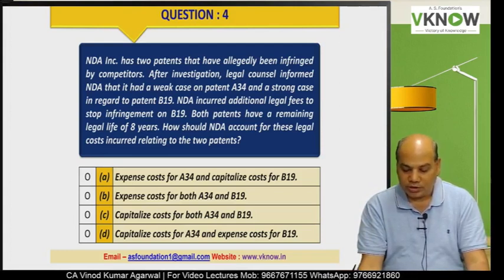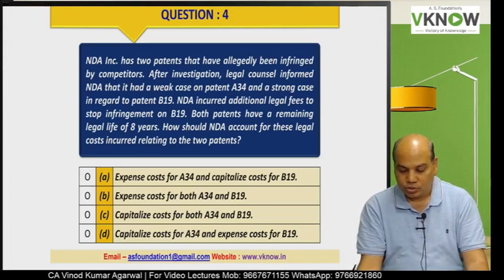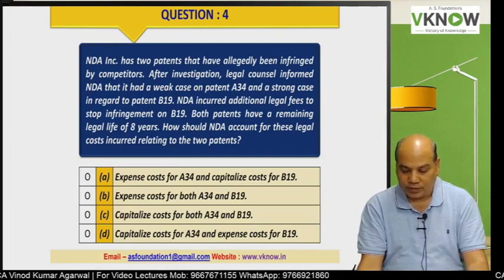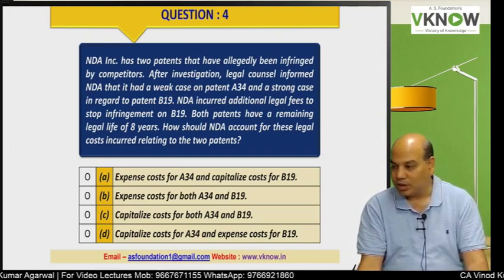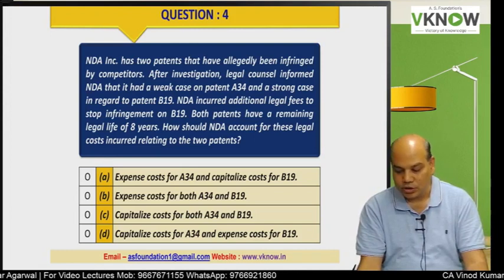NDA incurred additional legal fees to stop infringement of B19. Both patents have a remaining life of 8 years. How should NDA Limited account for this legal cost relating to the two patents?